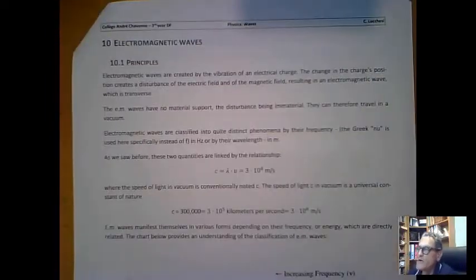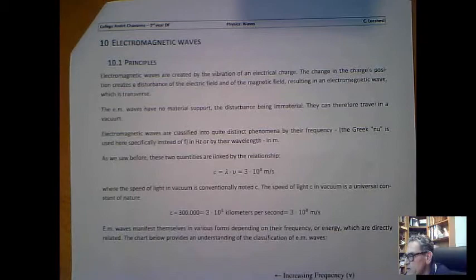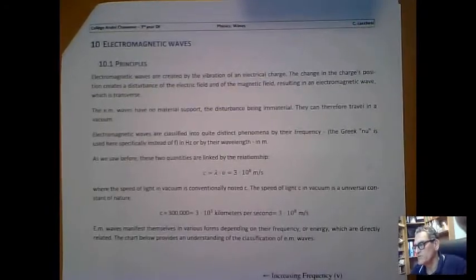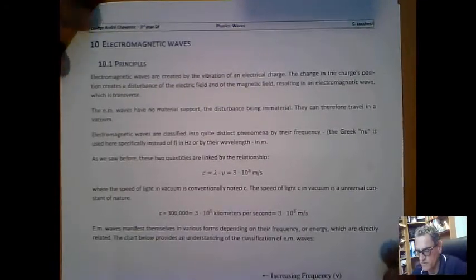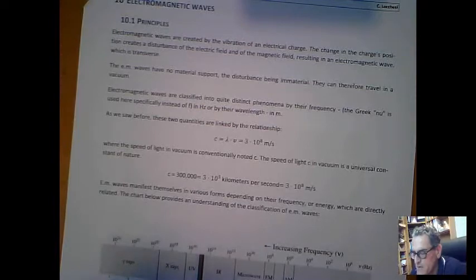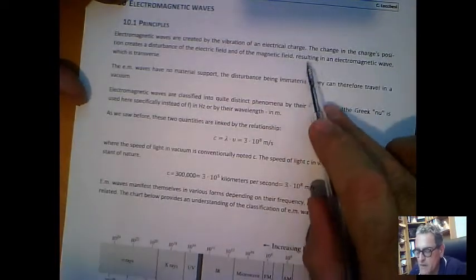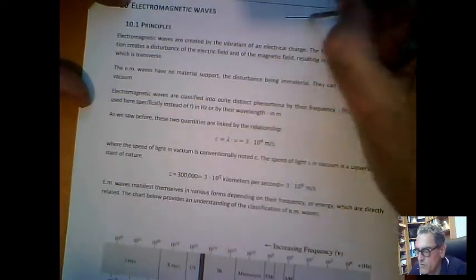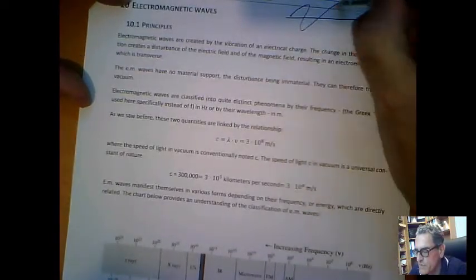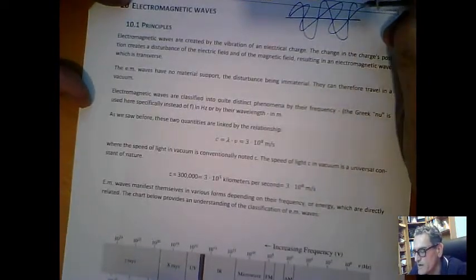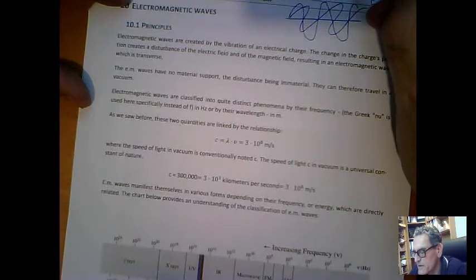Today we are going to take a deeper look at electromagnetic waves. Last week it was sound waves, this week electromagnetic waves. As you probably remember, electromagnetic waves are carried by an electric field which vibrates simultaneously with the magnetic field.